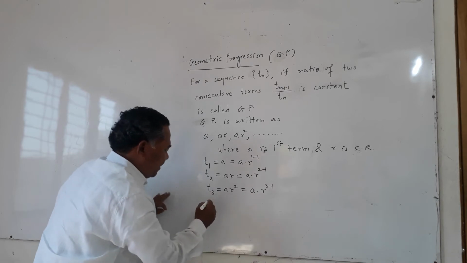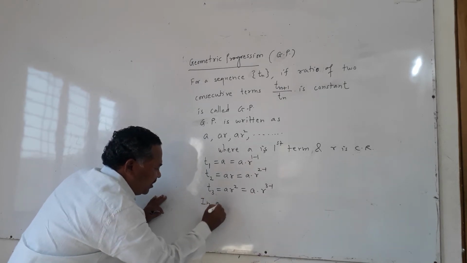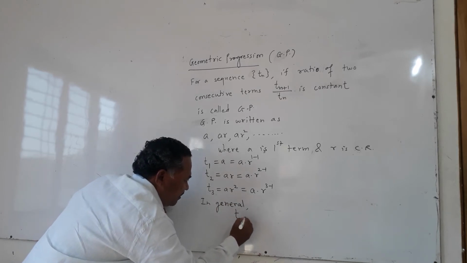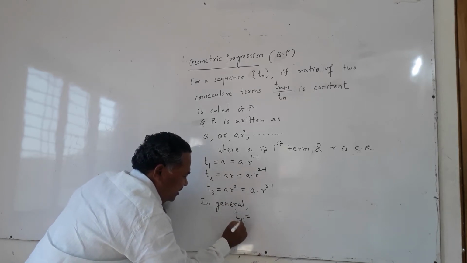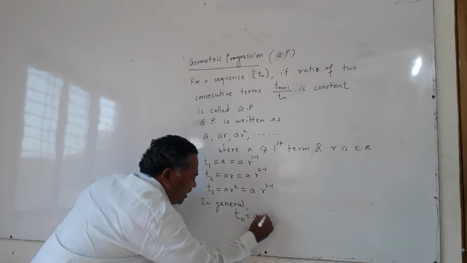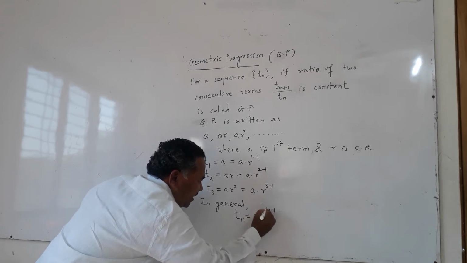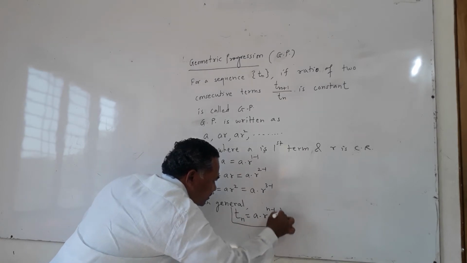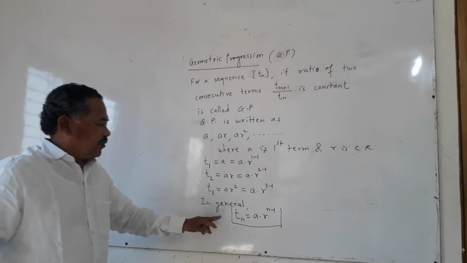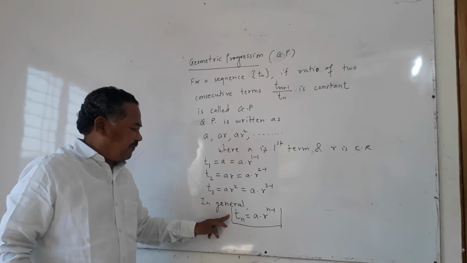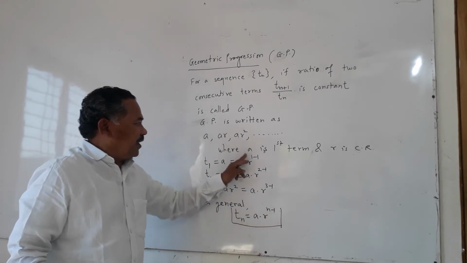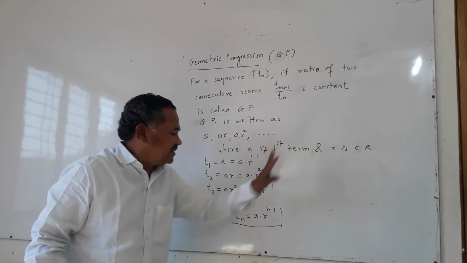Therefore in this manner, we write in general T sub n equals a into r to the power n minus 1. This minus 1 is fixed. Therefore we construct the formula for GP. Remember the formula for Tn equals a into r to the power n minus 1, where a is the first term and r is the common ratio.